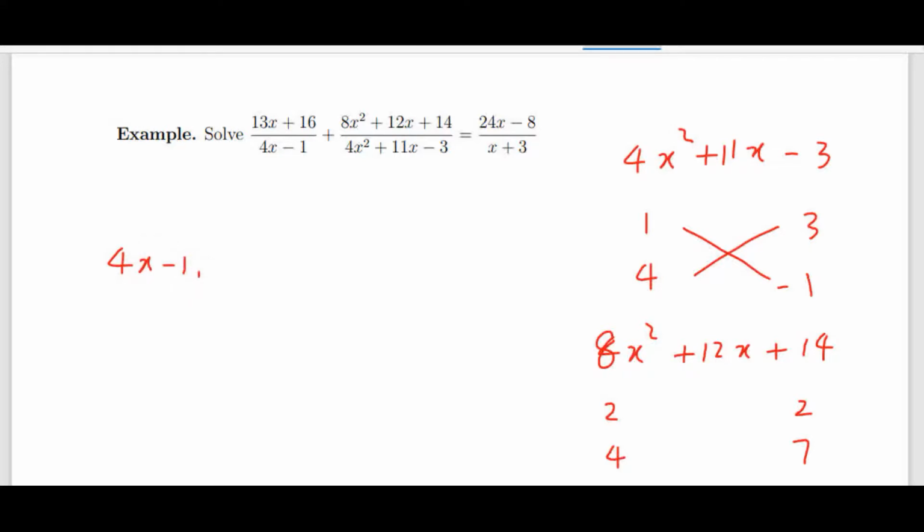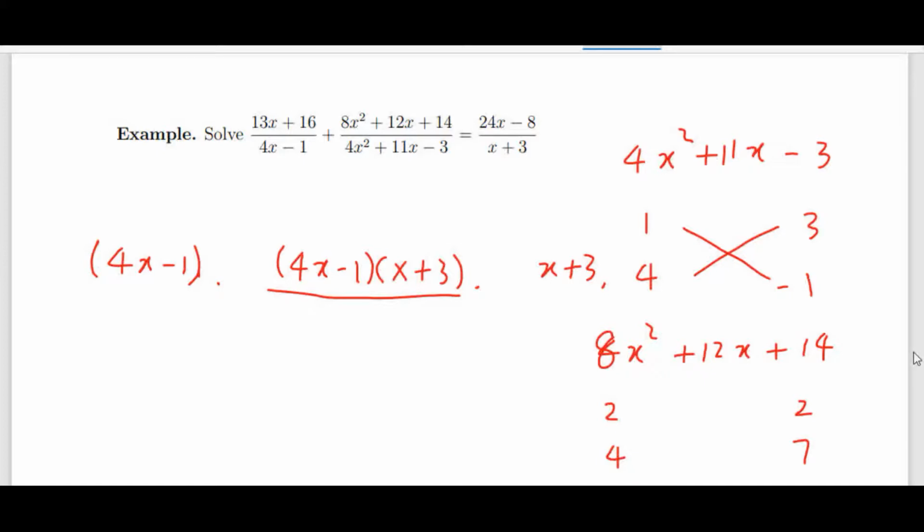Here we have denominator 4x minus 1 and x plus 3, and here denominator x plus 3. So we just need to multiply 4x minus 1 times x plus 3.